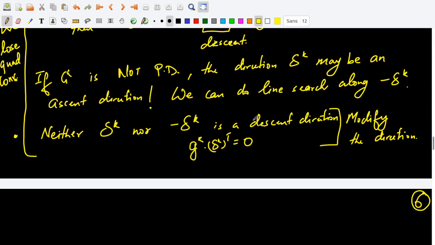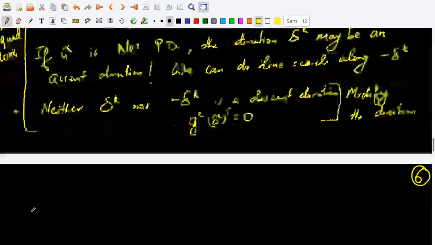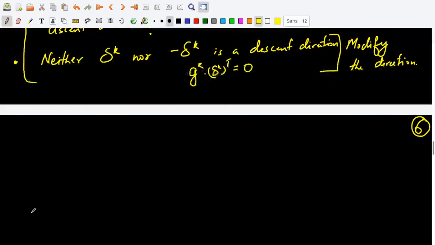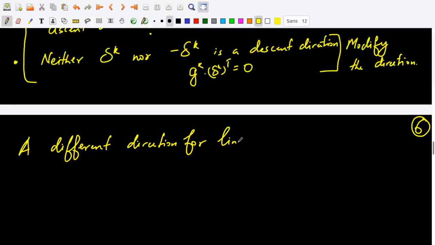So one way of modifying the direction and doing a line search is to just perturb this direction by a small amount. So a different direction for line search.